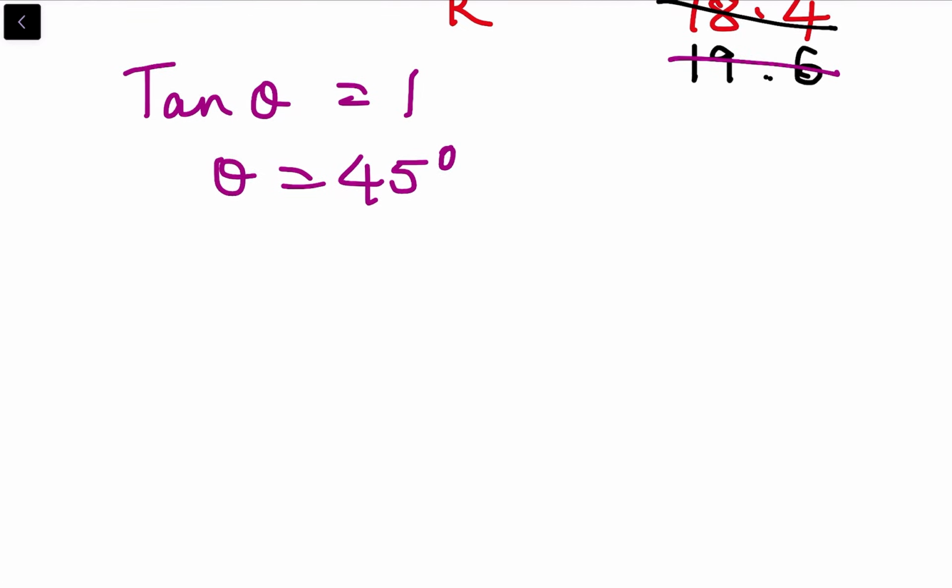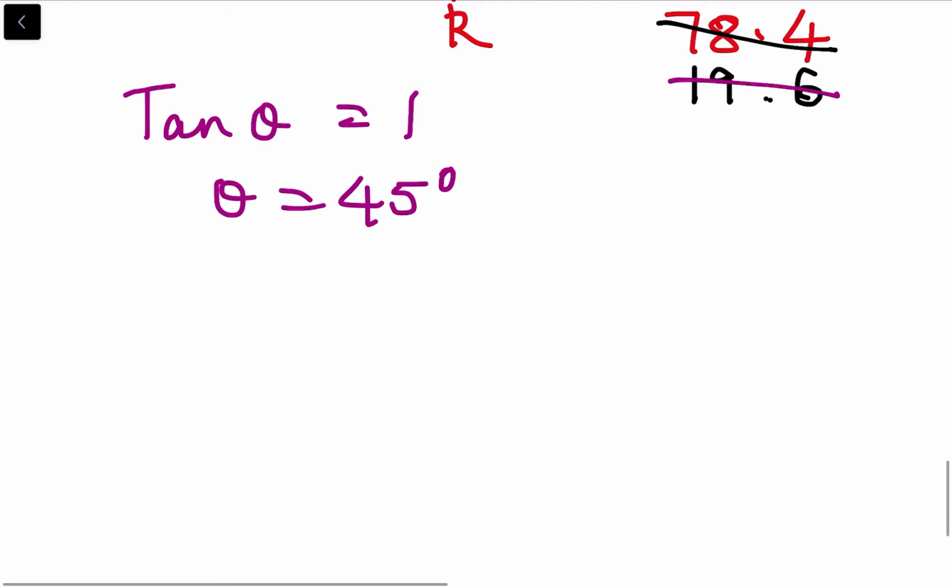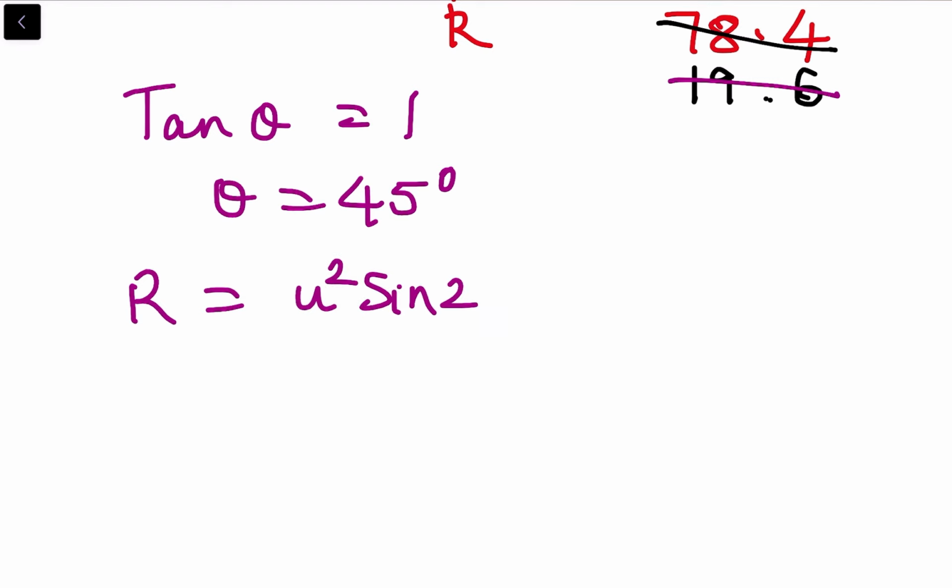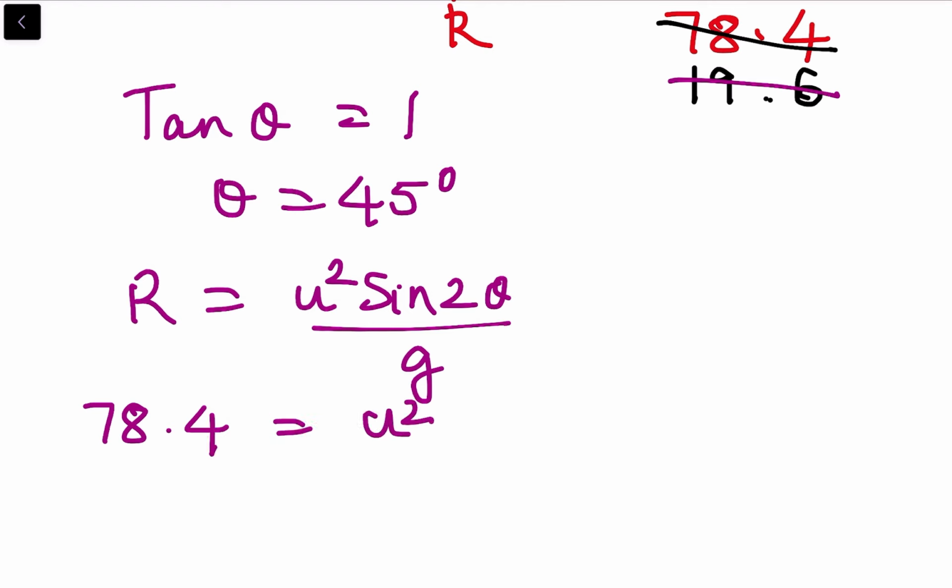Therefore, let's take any formula. For example, let us take the range formula, that is r is equal to u square sine 2 theta by g. Here r is equal to 78.4, that is range. U we have to find, that is the only problem.